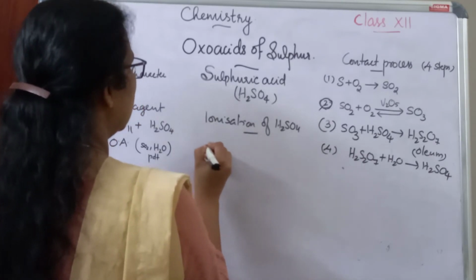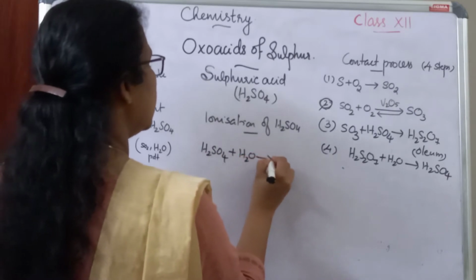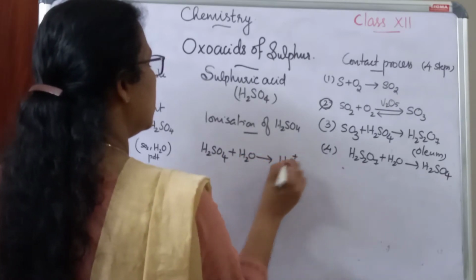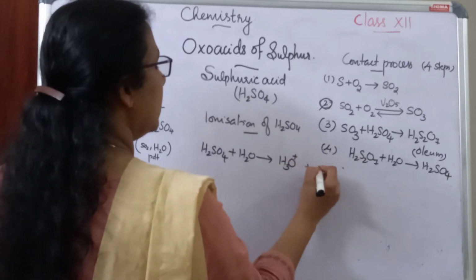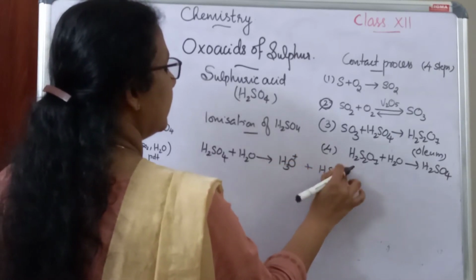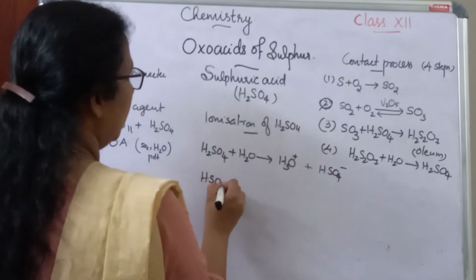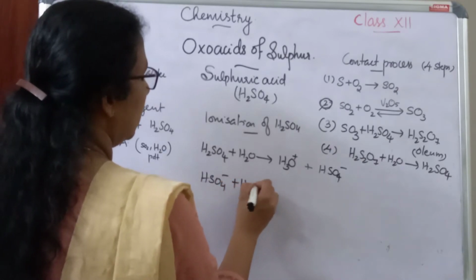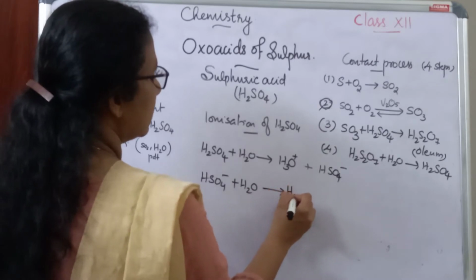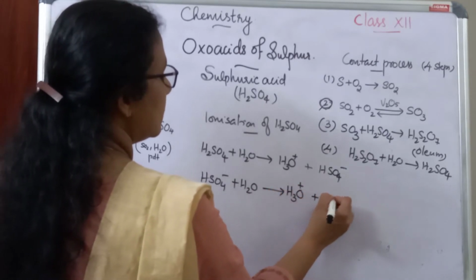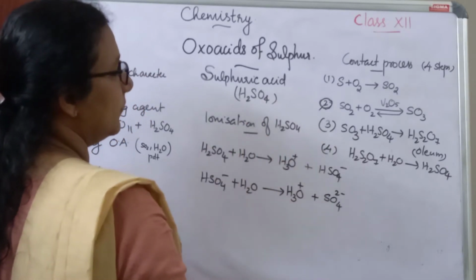In the first step, H2SO4 plus H2O gives H3O plus, since H plus exists in the form of H3O plus, and HSO4 minus. In the second step, HSO4 minus plus H2O gives H3O plus and SO4 2 minus. So these are the two steps in the ionization of sulfuric acid.